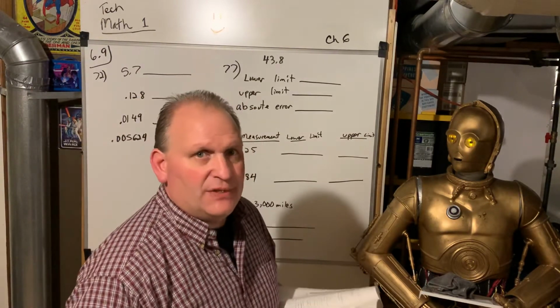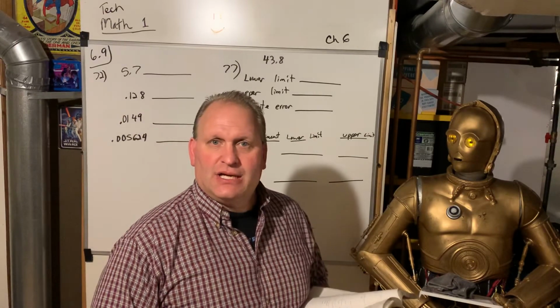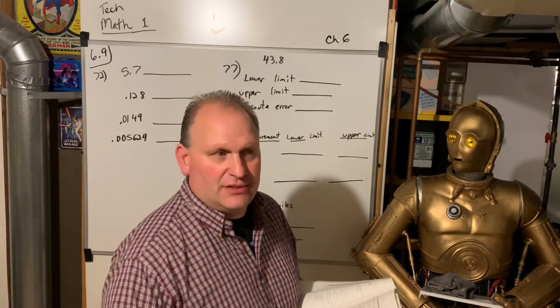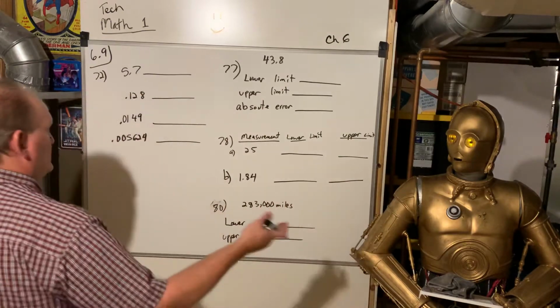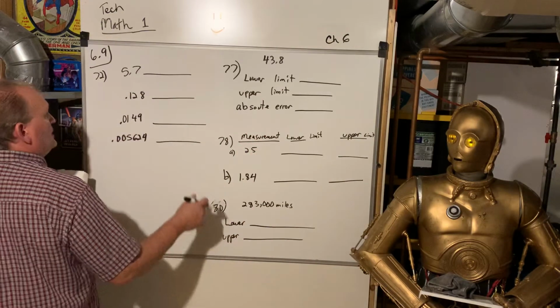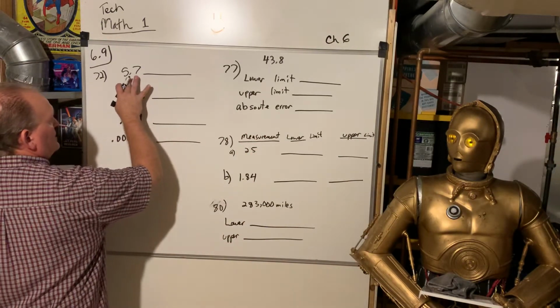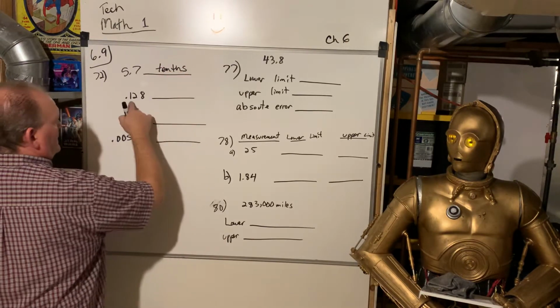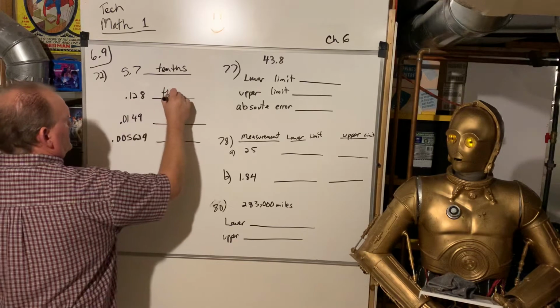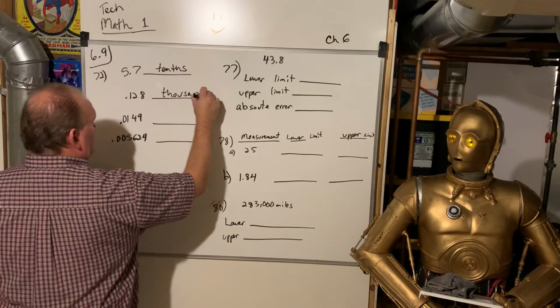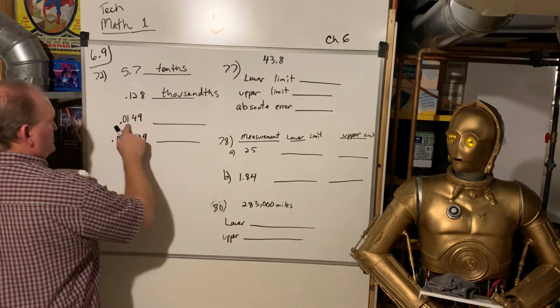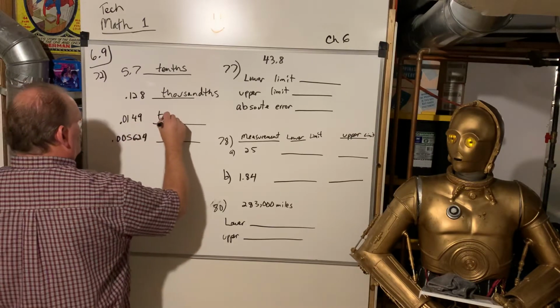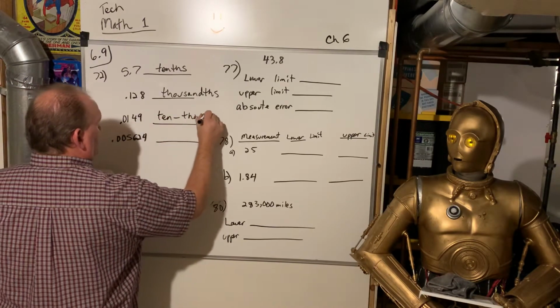So precision is pretty easy. Precision is just tell me how many decimal places you're going, or if it's whole numbers or hundreds or just the end place. So this is tenths. That's precise to tenths place. Tenths, hundredths, thousandths. That's precise to thousandths place. Tenths, hundredths, thousandths, ten thousandths place.